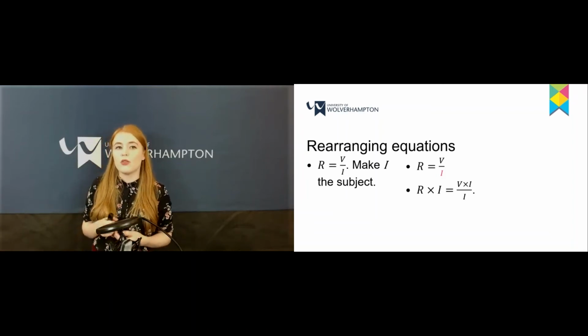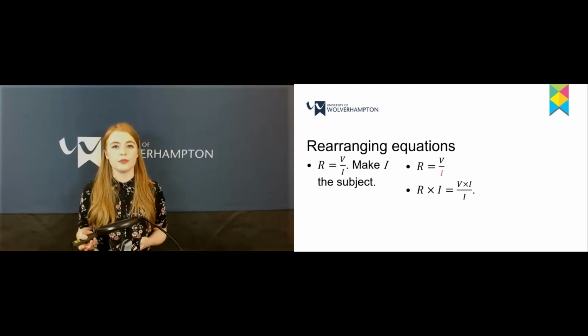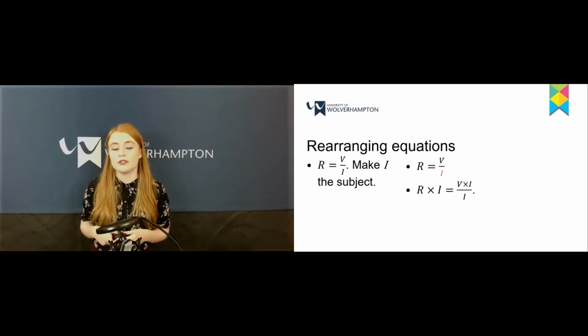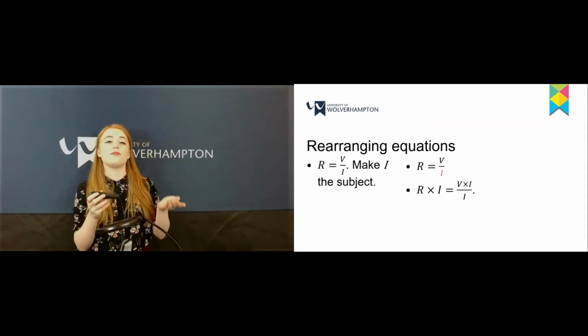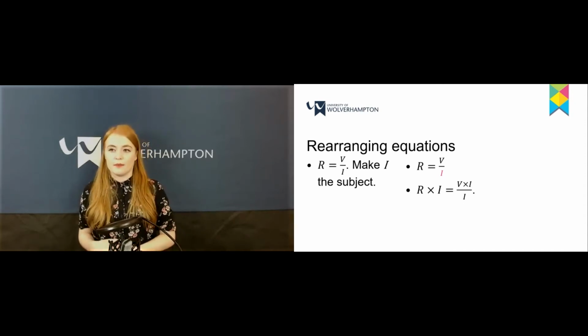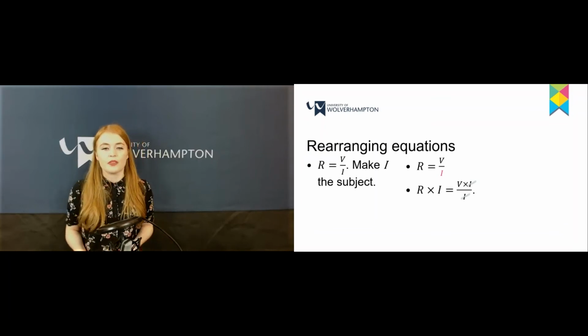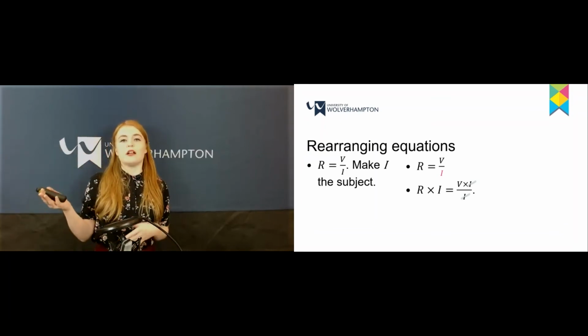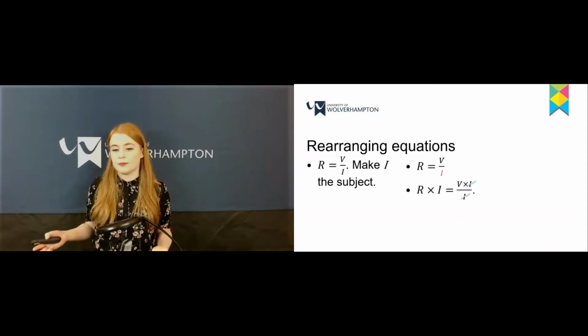Now make sure that whatever you do to one side of an equation, you do to the other side of an equation. Think of it as balancing scales. If you divide by 5 on one side, you need to divide by 5 on the other side. So we're multiplying by I. On the left-hand side, we have r times I, and on the right-hand side, we have v times I divided by I. Now, if we multiply by a number and then divide by that number, overall, we're doing nothing.